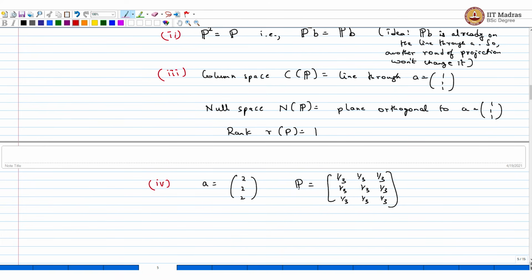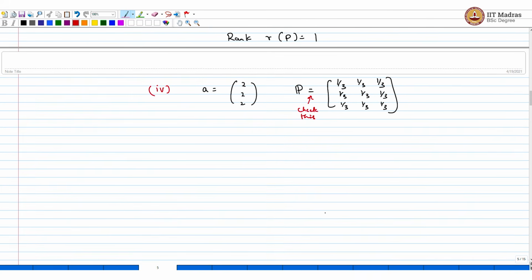So, either pause and check this, or do it later, but do it once. The projection matrix won't change. It's the same line and projection won't change. So, right now the next thing we are going to do is explore the connection of this to least squares.